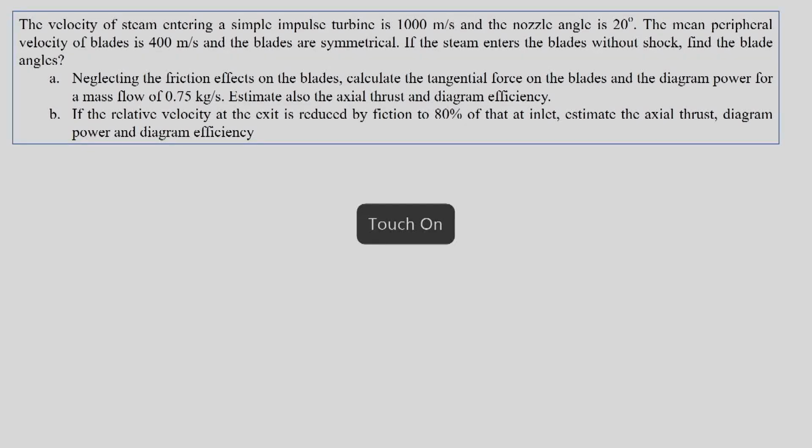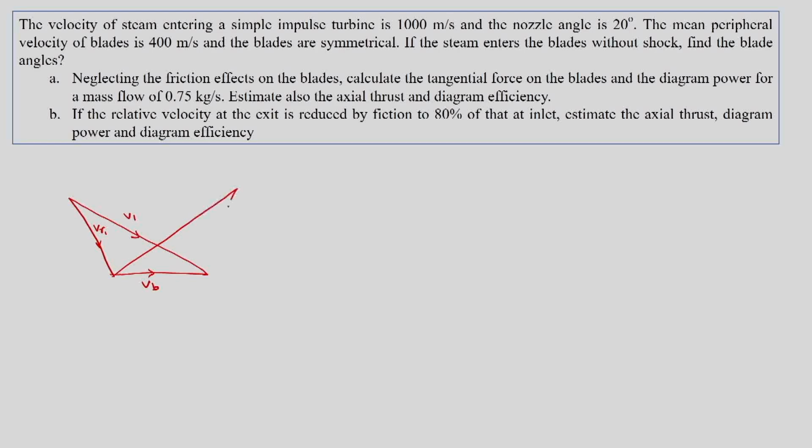So, we will first plot the velocity triangle and then we will note whatever it is given to us. So, let us say that this is VB, this is V1, this is VR1 and then this is VR2.